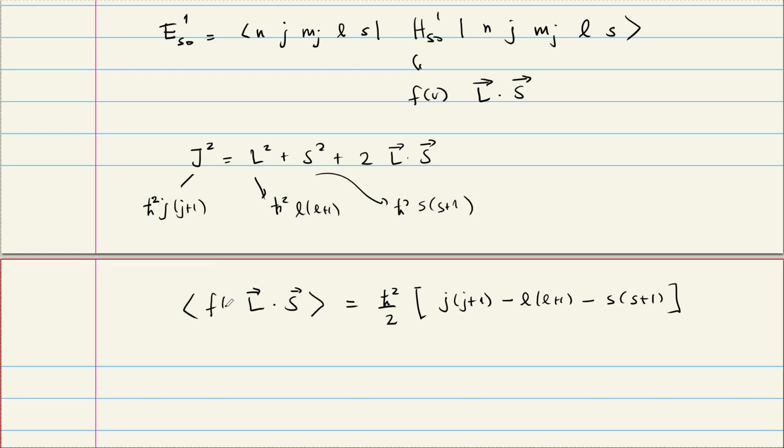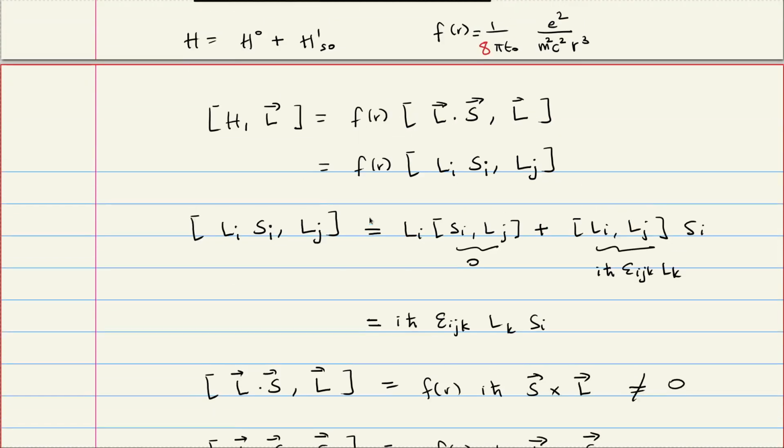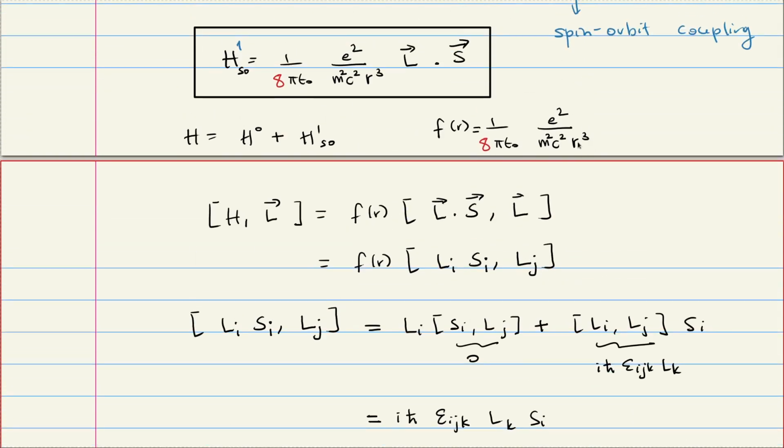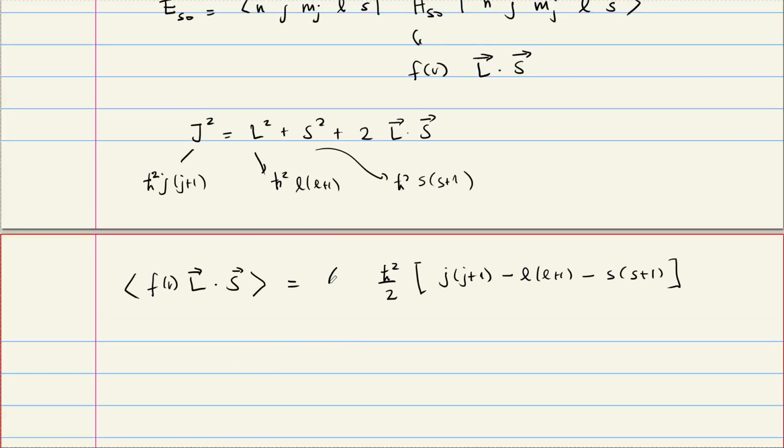So this is f of r, and this piece is true, but inside f of r we have 1 over r cubed. We had 1 over r, and then we had to calculate 1 over r squared. It gave us a headache. Now we have to calculate 1 over r cubed. I'll just incorporate it here.